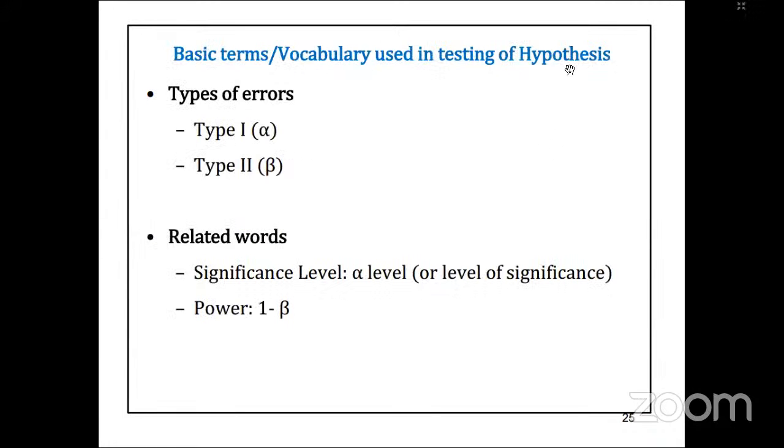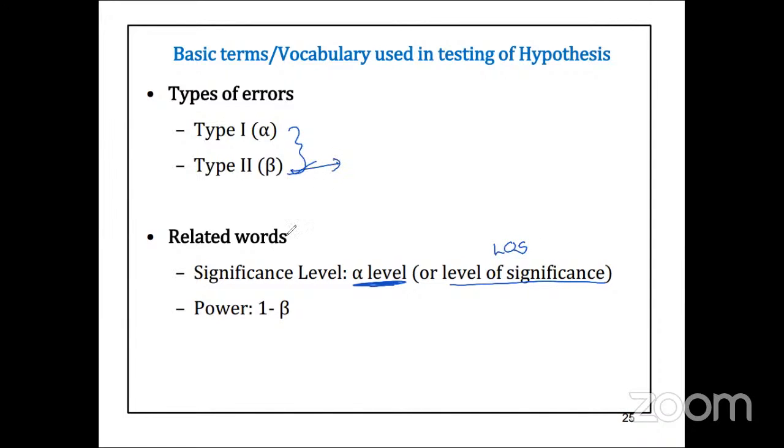But before that, whatever hypothesis testing we are doing, there are going to be some errors, and those are known as types of errors. Two types of error can occur from our side when we are testing the hypothesis, that is type 1 error and type 2 error. Type 1 error, denoted by the Greek letter alpha, is also known as the level of significance, or LOS.